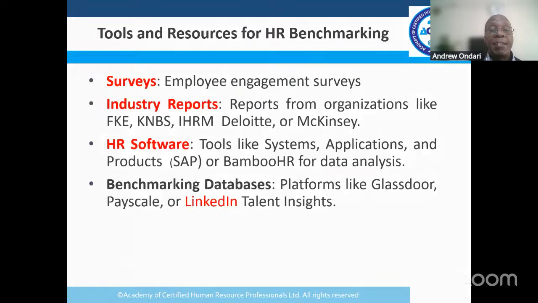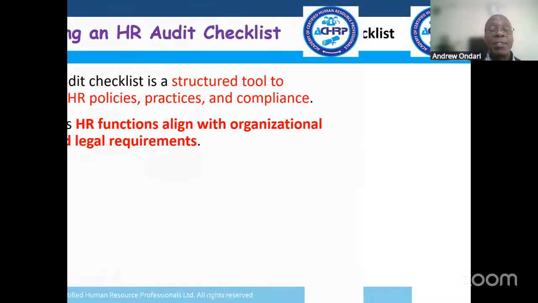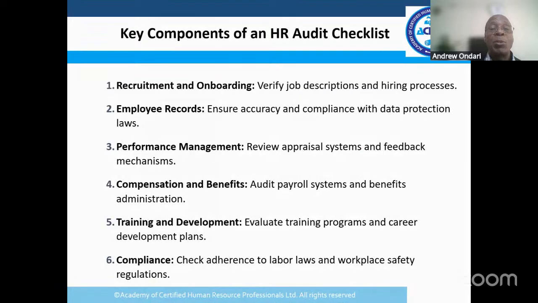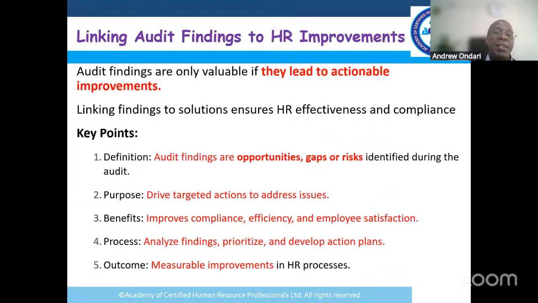That means that when we want to link our findings to improvements, we must analyze the findings either quantitatively or qualitatively to identify those opportunities, gaps, and risks, and then prioritize. What are the actions that we can take right now in order to improve?